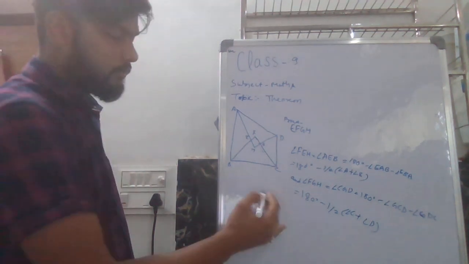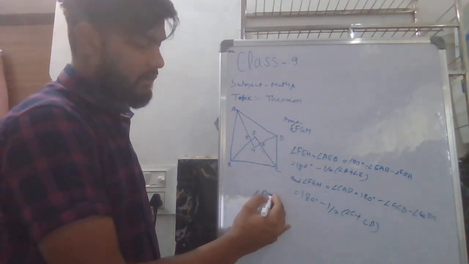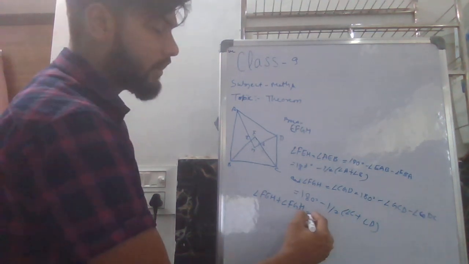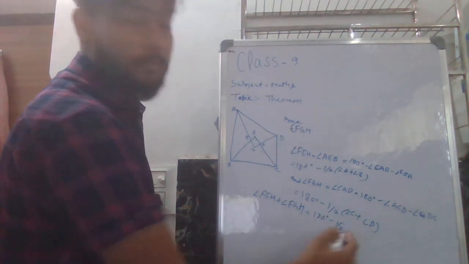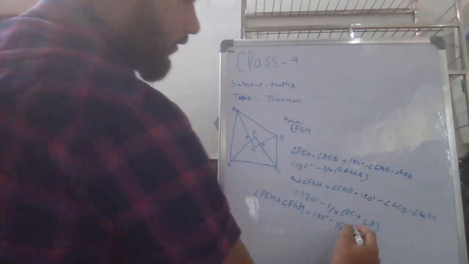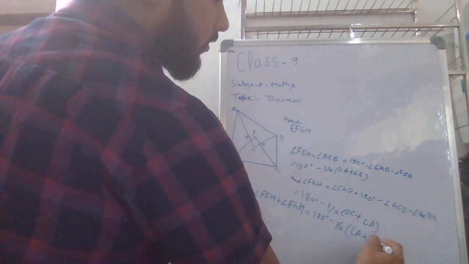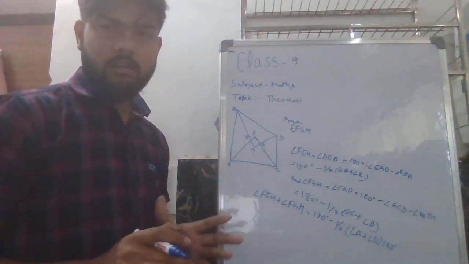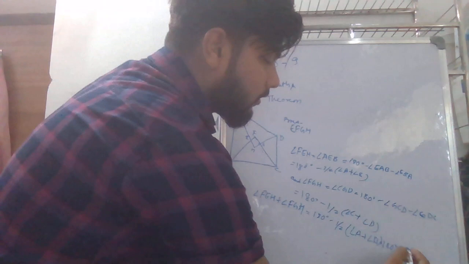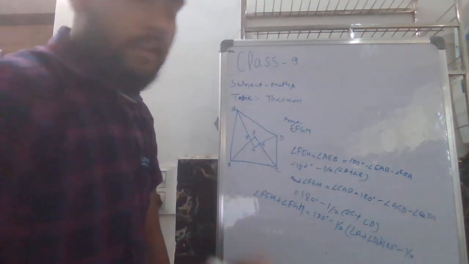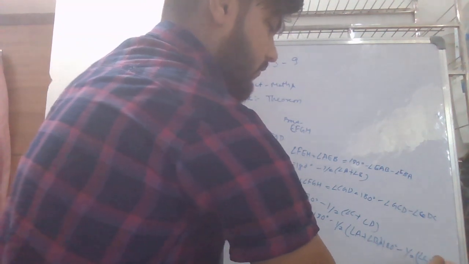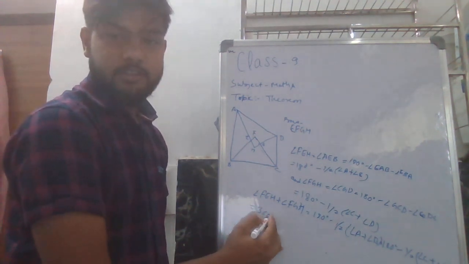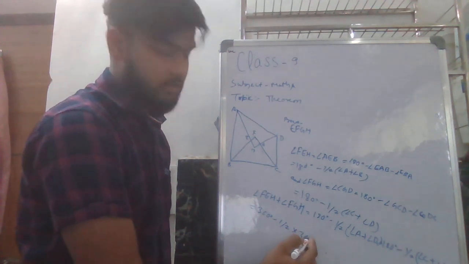Therefore angle FEH plus angle FGH is equal to 180 degrees minus 1/2 (angle A plus angle B) plus 180 degrees minus half (angle C plus angle D).